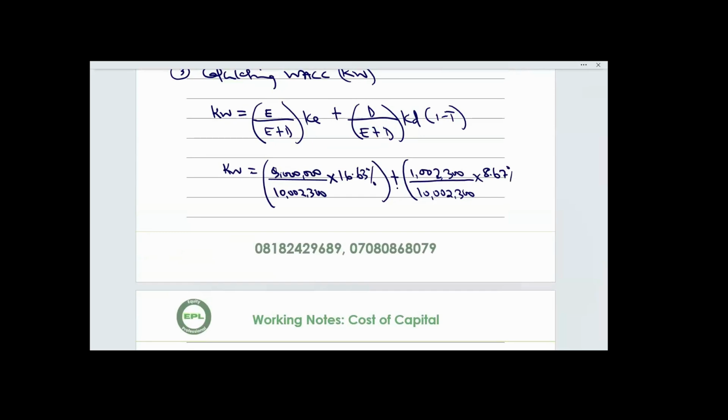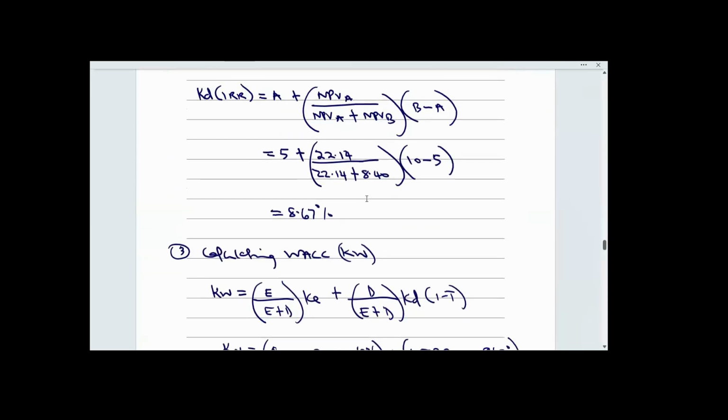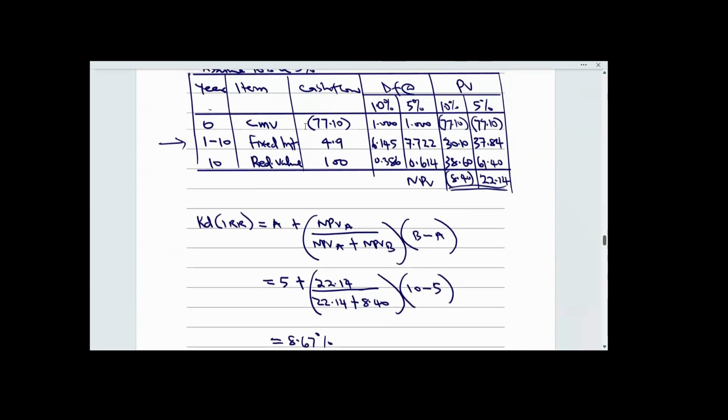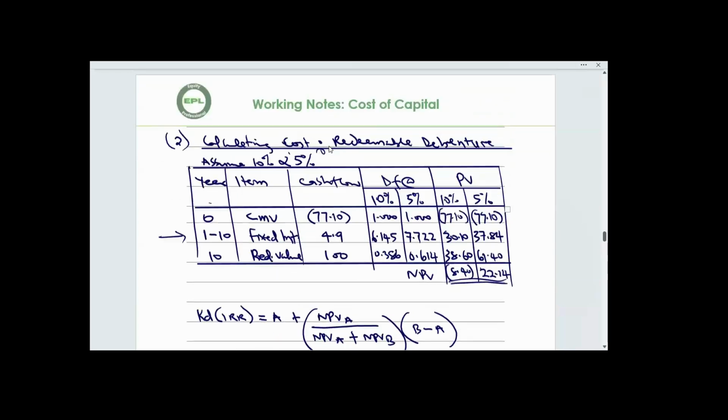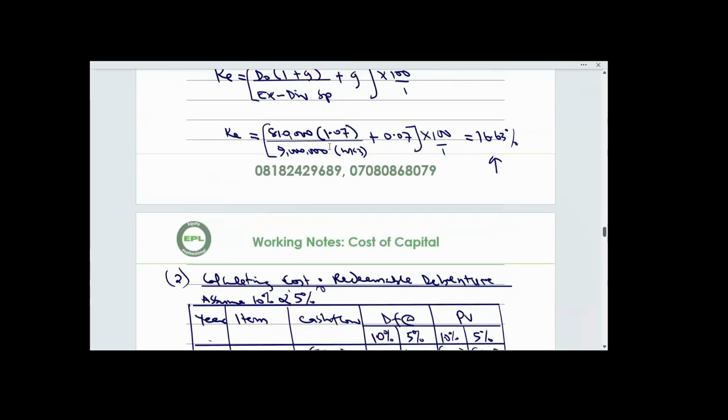8.67%. So there is no need for you to adjust for tax. We've already adjusted for tax. One of you asked the other time, when we solved the first question, that if I'm using market value or the tabular method to calculate my WACC, how do I adjust for tax? I mentioned that when you are calculating the cost of debt, you would have adjusted for tax before you get to using the table.